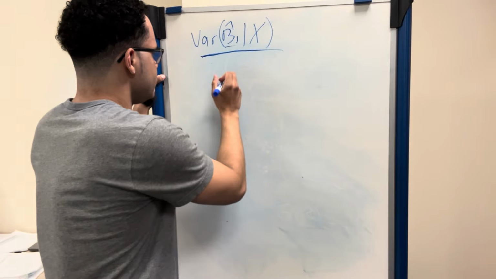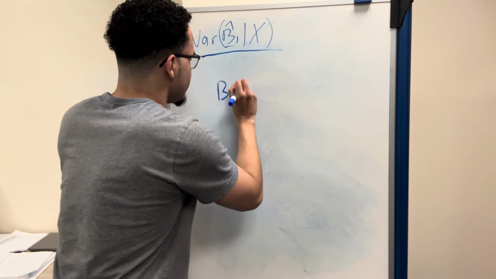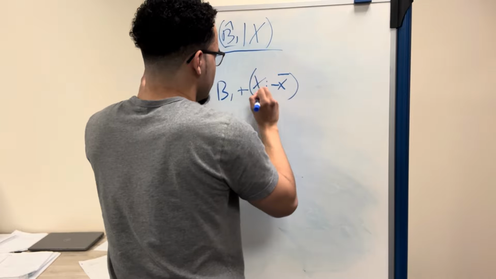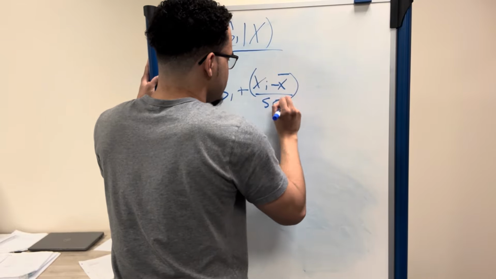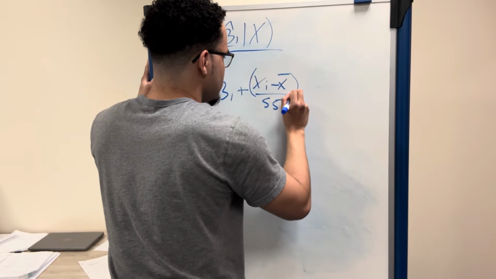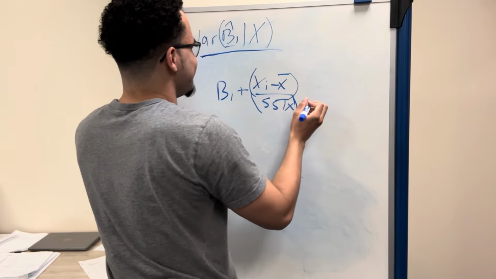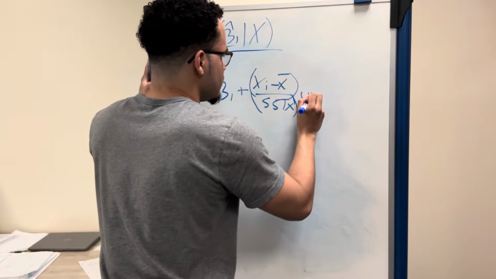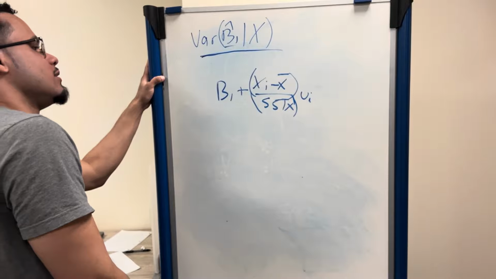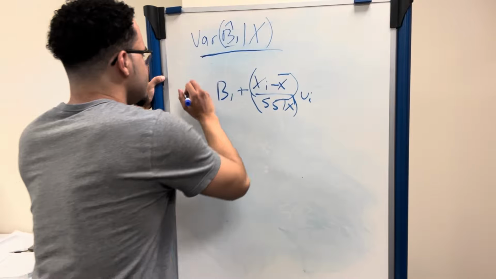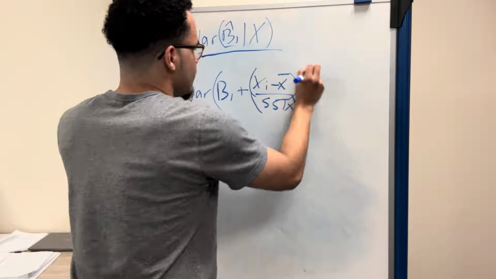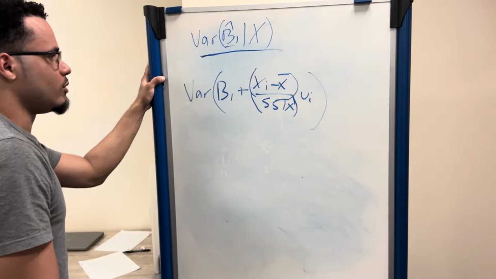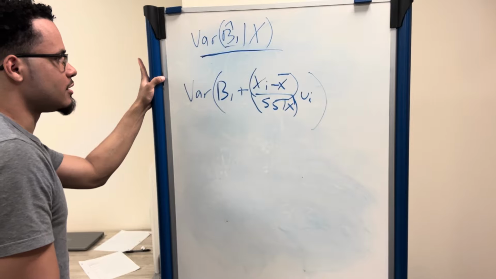So this came out to be beta 1 plus the sum of (xi minus x bar) over SST of x, times ui. If we just take the variance of that, we could establish the variance.